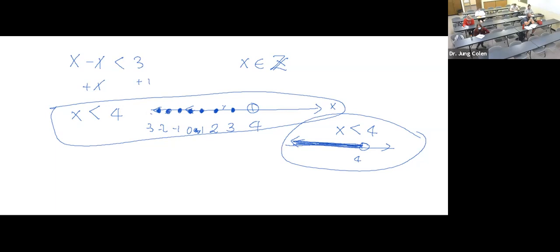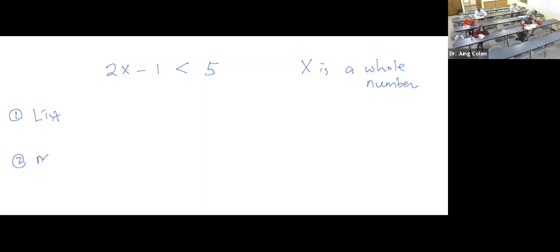Okay. So let's practice one more thing. What if you have 2x minus 1 is less than 5? And x is a whole number. Can you solve this? When you're answering that, 1, list your answer, and 2, use the number line.